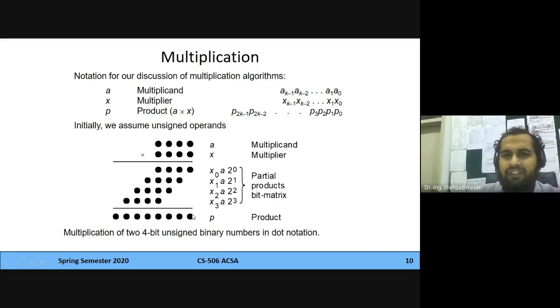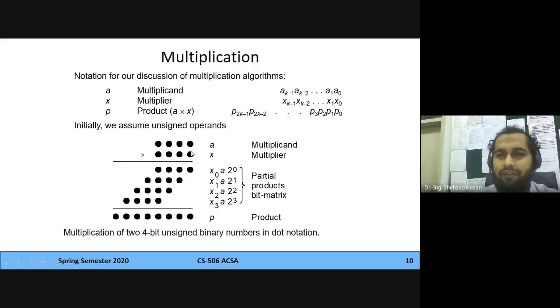If you want to convert this operation into something that can be understood by a computer, you can see there are some repeated steps, but you need to define those steps first. So what are those steps going to be? I'm going to break the multiplier into different bits. I'm going to start with x0, the first bit, and multiply that bit with the whole multiplicand.